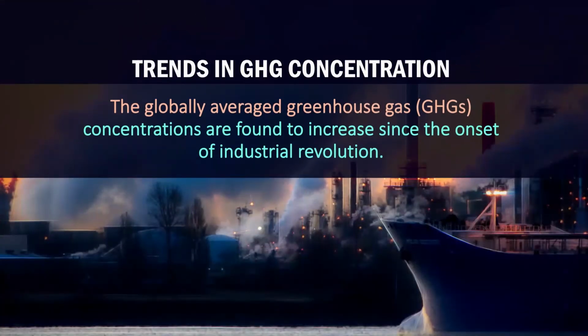As I told earlier, this is through changing the global atmospheric concentration of greenhouse gases, land use changes, and so on. So let us see the trends in greenhouse gas concentration. The globally averaged greenhouse gas concentrations are found to have increased since the onset of the Industrial Revolution.